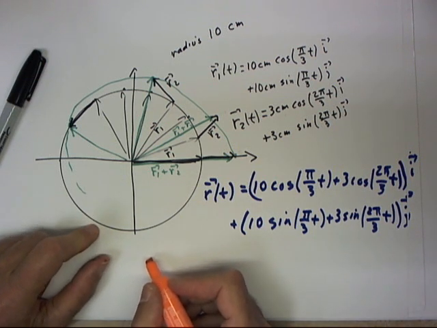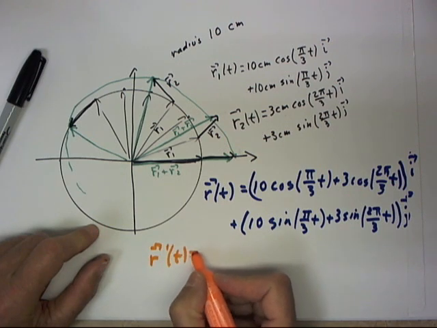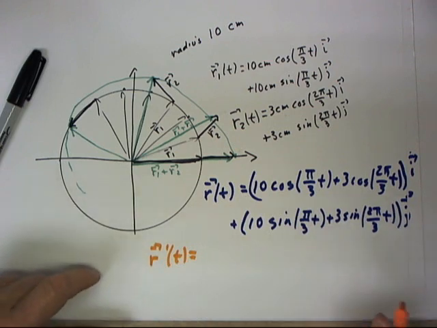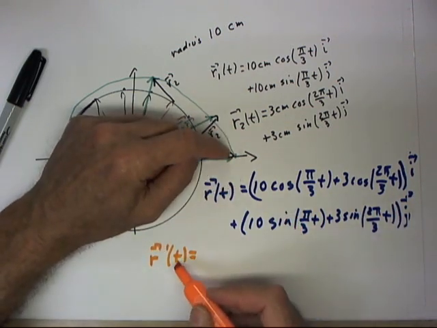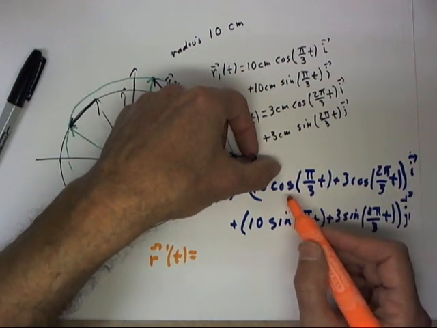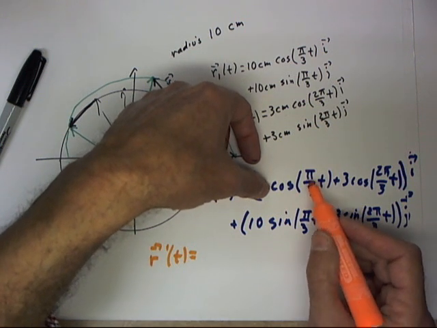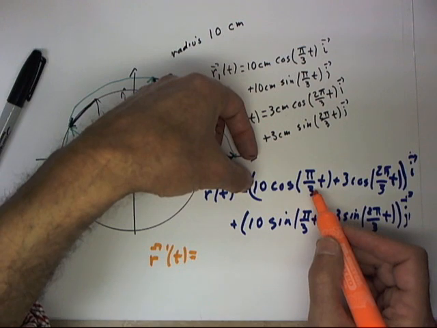So what's the derivative? Well, let's write this as r prime of t. And it's going to be a little bit longer than the r of t, so hopefully we can get it on the paper. The r prime of t function is just obtained by taking the t derivative. So cosine of pi over 3t has derivative what? Negative pi over 3 times the sine of pi over 3t. That's going to be multiplied by 10.